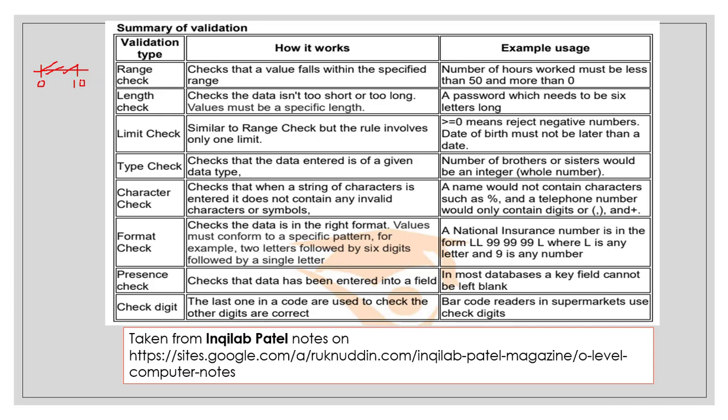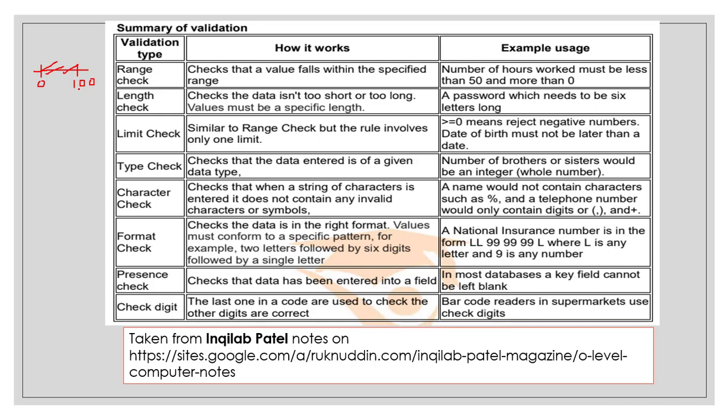Now the acceptable mark for that can be only between 0 and 100. Therefore, if we have a program that is computing the average of marks for a student, we know that we'll need a range check. As such, a range check checks that a value falls within the specified range. For example, the number of hours worked for a particular user can be less than 50 or more than 0.